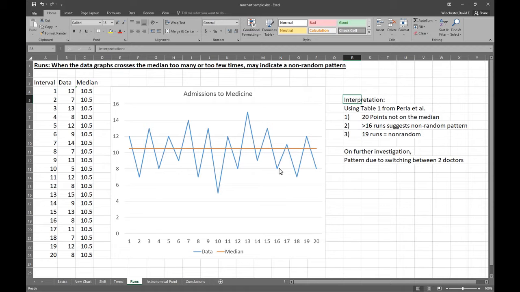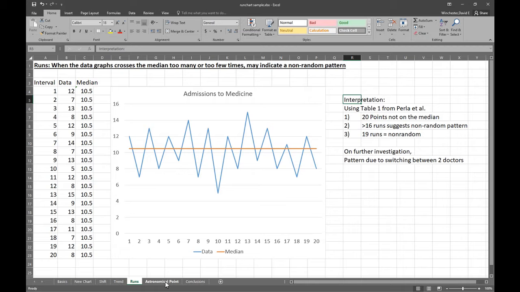And so as a result, your process is non-random. And so that becomes important. Why? Well, how would you go about adjusting this sort of program? If you were to institute some sort of educational intervention, or if you were to try and establish some criteria for who needs to be admitted and who doesn't, it's useful to know what's causing the variation in your pattern to begin with, because then some interventions may be more or less effective.